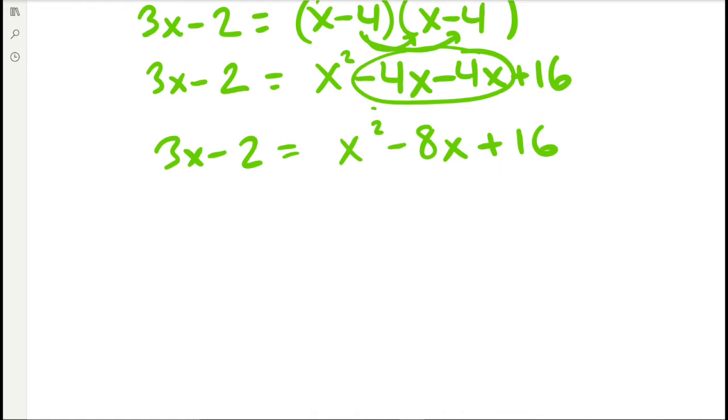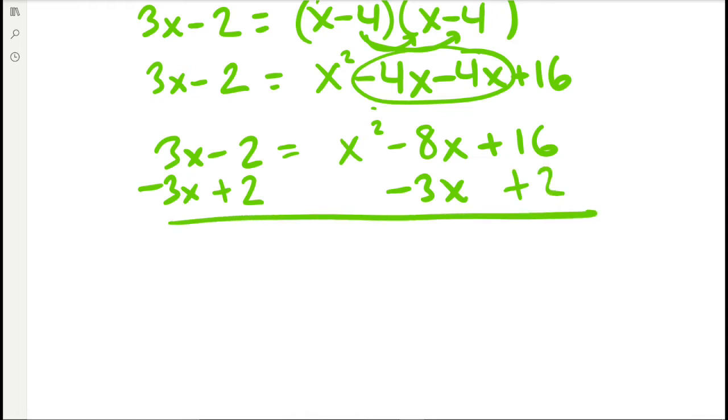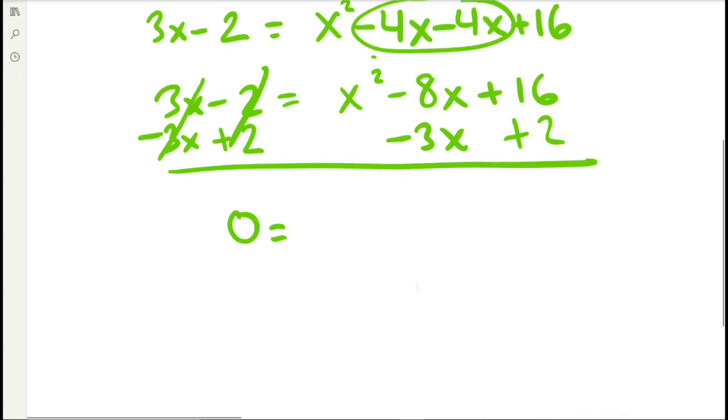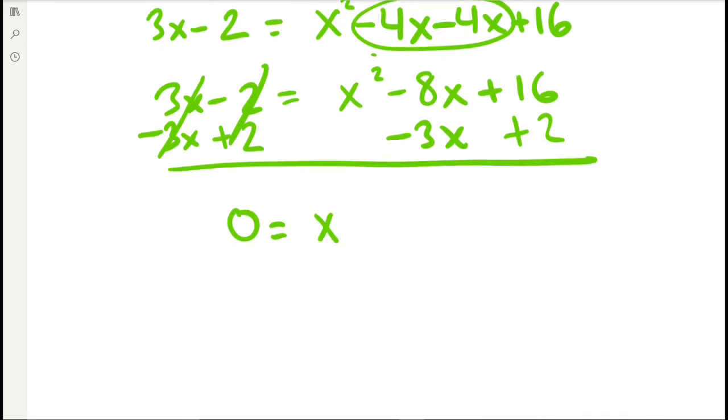So I'm going to move all of this over to the right-hand side. I'm going to get rid of the 3x by subtracting it, and get rid of the negative 2 by adding it. So this cancels, and I get 0 on the one side, which is exactly what I want. And then I have x squared minus 11x plus 18.